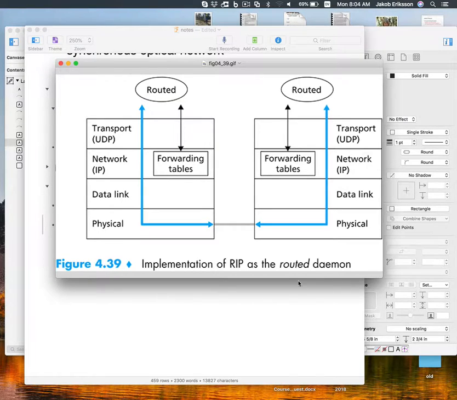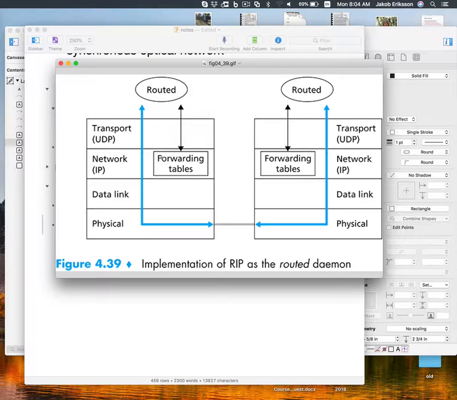So this gives a very simple overview of what dynamic routing looks like from an implementation perspective. So the classical network stack, on the physical layer, we have perhaps a cable connecting these 2 machines, these boxes being 2 different machines. And then the data link layer, this might be the hardware on the network card.